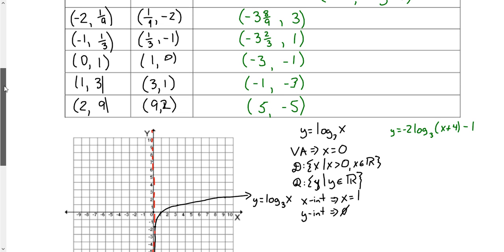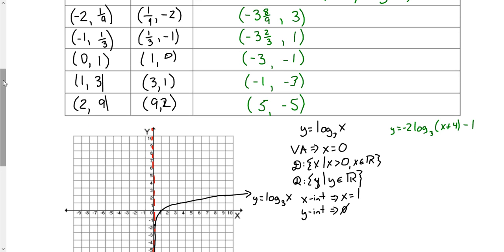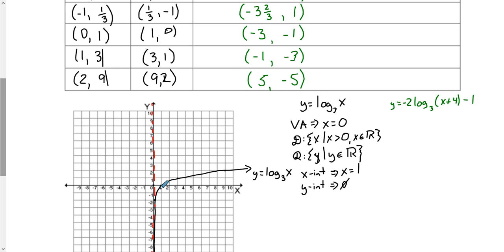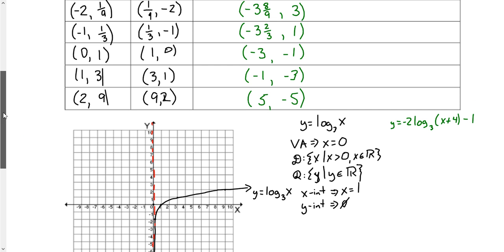So if we sketch this, negative 3 and 8/9. Negative 3 and 8/9, and then 3. It's negative 3 and 8/9. Be about there, and 3 is going to put us about there. Negative 3 and 2/3. 1. Negative 3, negative 1. Negative 1, negative 3.